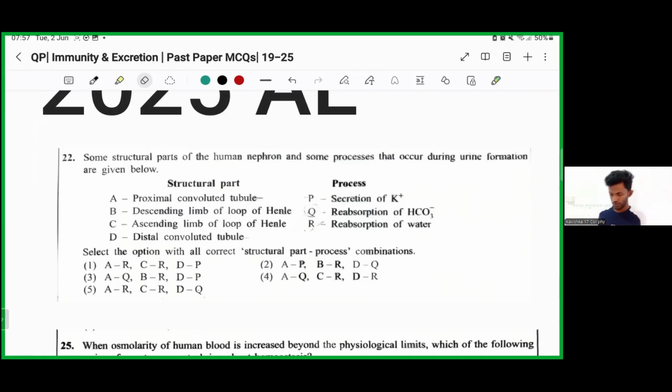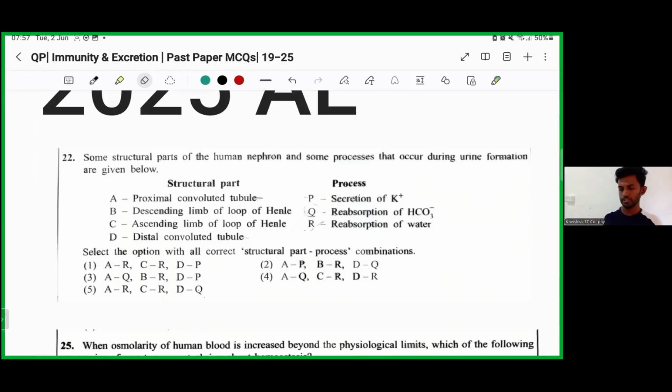Okay. So the 22nd one: some structural parts of the human nephron and some processes that occur during urine formation are given below. What's the first one? Proximal convoluted tubule. The processes: P is secretion of potassium plus, Q is reabsorption of bicarbonate, R is reabsorption of water.